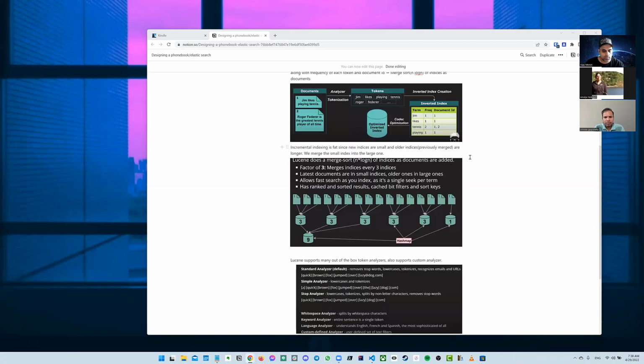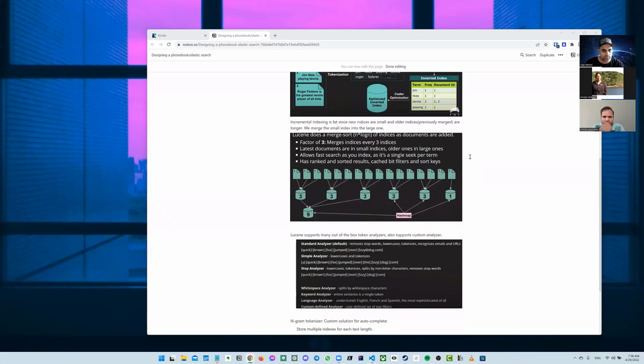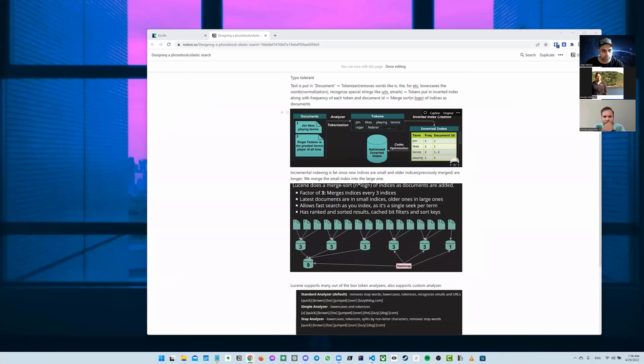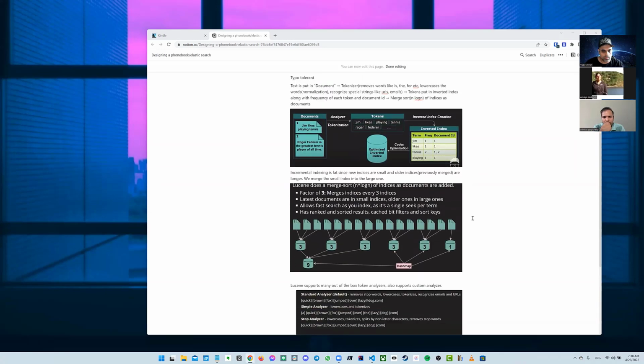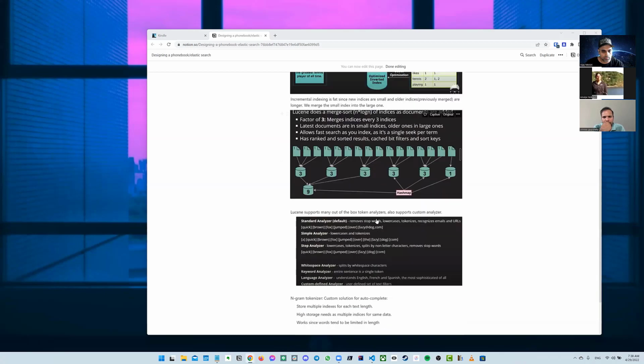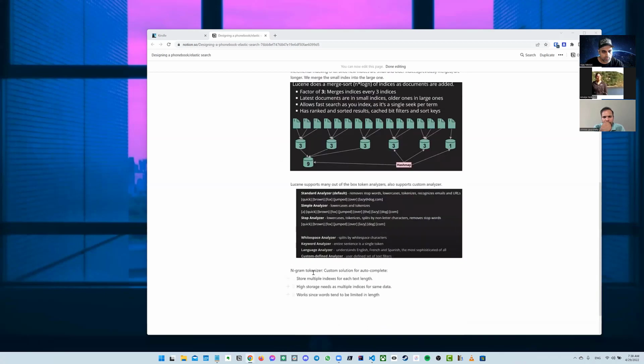What n-gram tokenization is, is that it maintains an index for each character length. So there's an index for each letter. If you type N, there's a separate index for that key, just that one character.